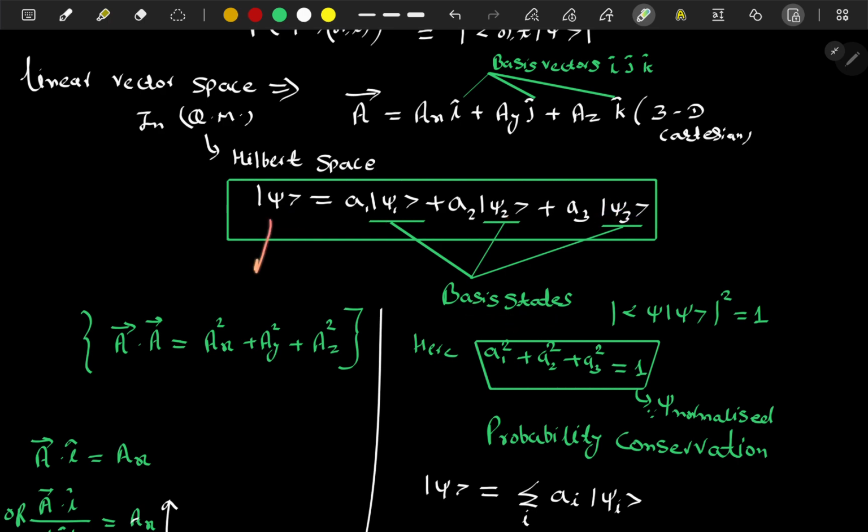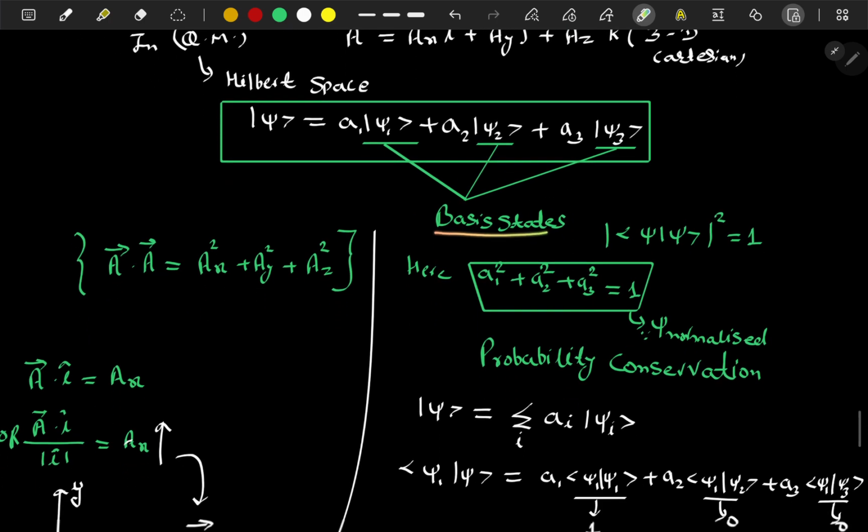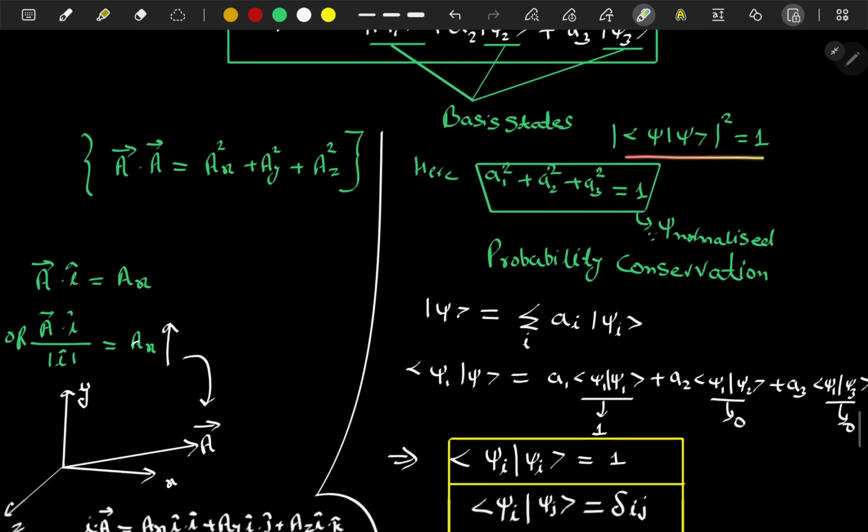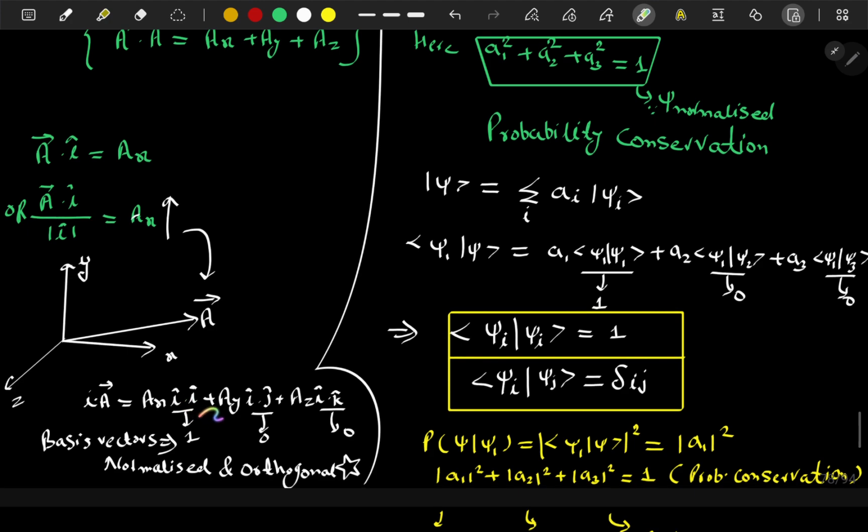So a wave function can be represented as a linear combination of basis states, just as vectors are in the Cartesian system. Basis states have a certain property, which we call normalization, psi square equal to 1, same as we have in the Cartesian coordinate system, where i.i is 1, j.j is 1, k.k is 1, and i.k is 0.